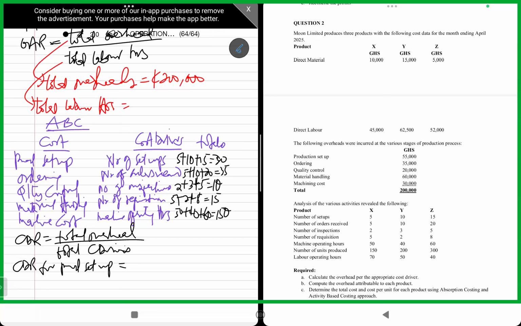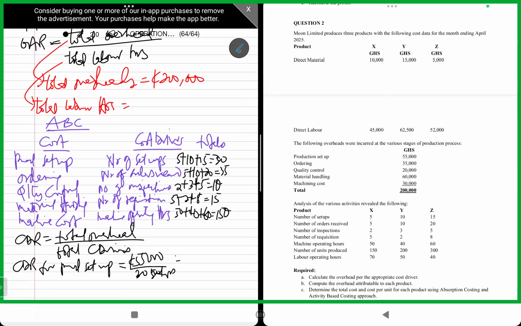Look at it, the total production overhead for the production setup is 55,000 cedis. Divided by, what's the total cost drivers for production setup? 30. So 30 setups.